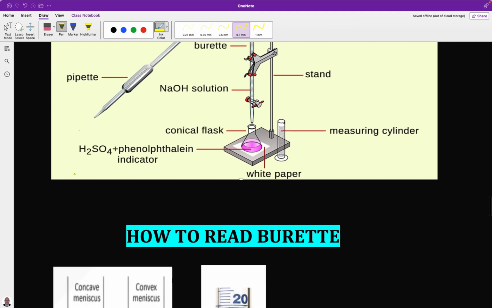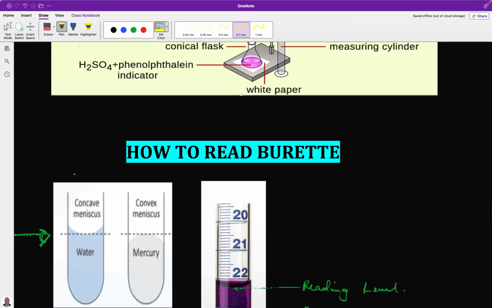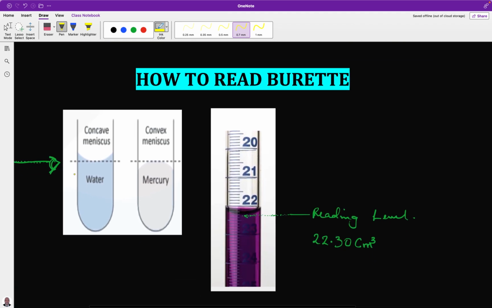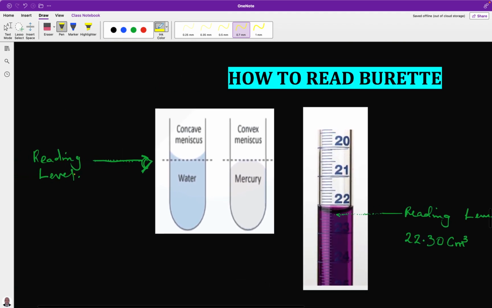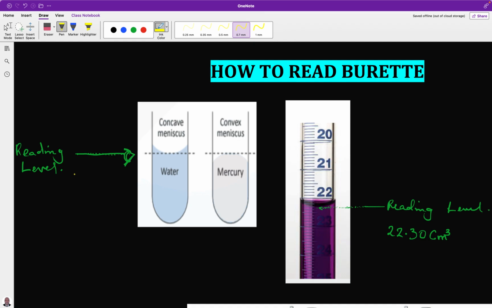In this case, how do you get your readings? How to read your burette? Remember, I told you there are two types of reading: how to read a thermometer and how to read liquid solution. Now, reading a thermometer, as I told you the other time, we have that is convex.